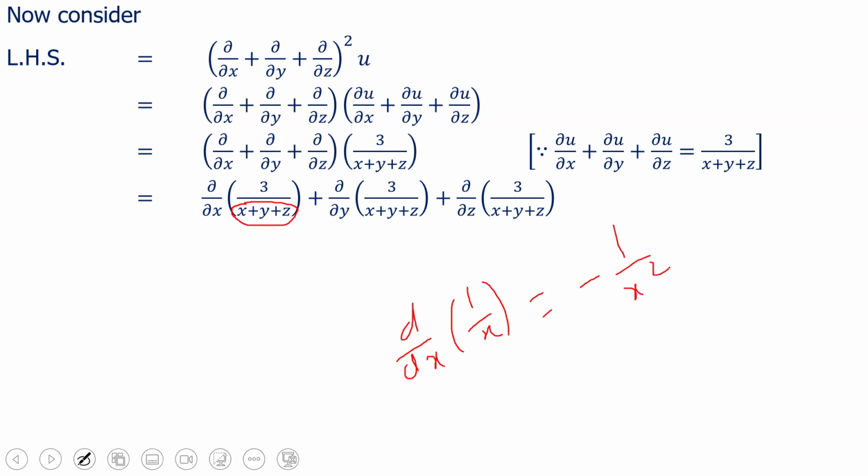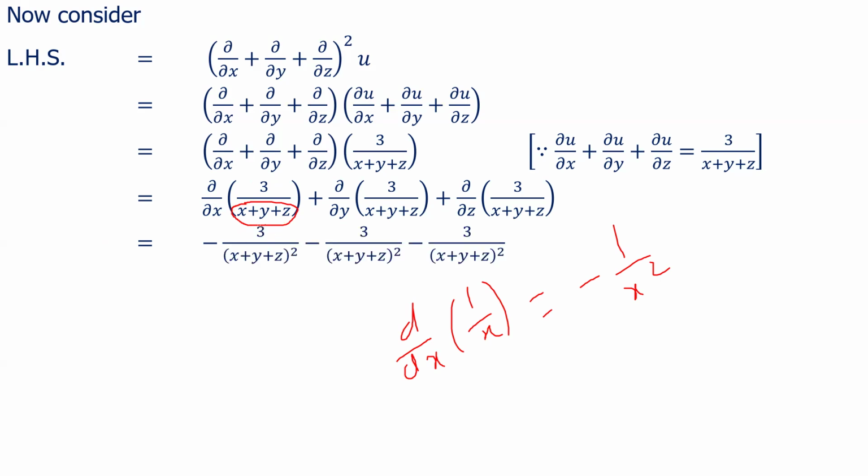So clearly here the partial derivative of 3 upon x plus y plus z is nothing but minus 3, minus 1 upon x plus y plus z whole square, and again the derivative of x plus y plus z with respect to x is 1 plus 0 plus 0, which is 1. So the partial derivative of 3 upon x plus y plus z is minus 3 upon x plus y plus z whole square.